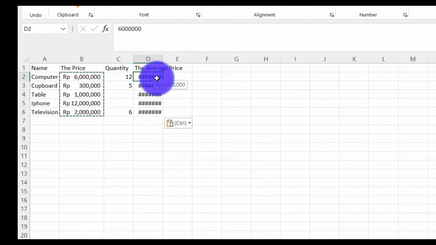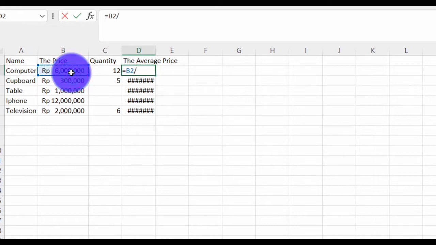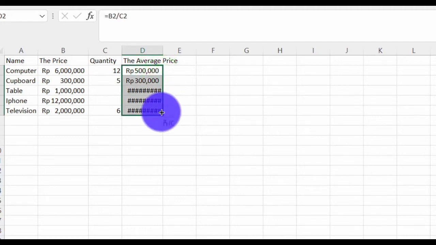Okay, but the pattern is equal, the price is divided to quantity. Then I pull this to below.